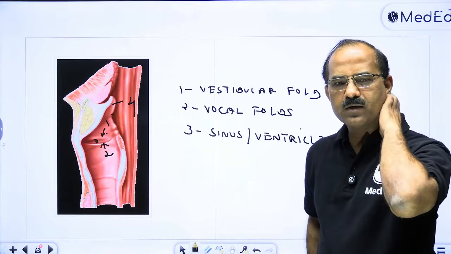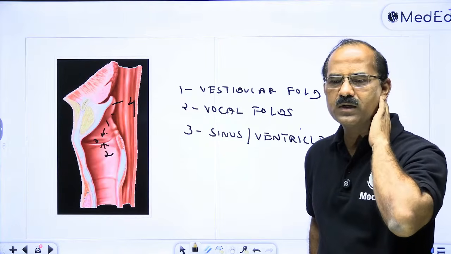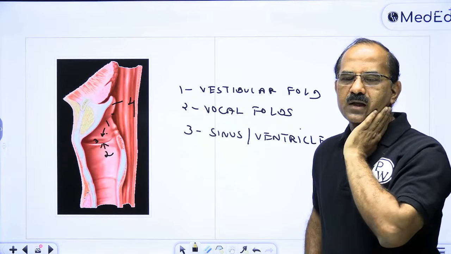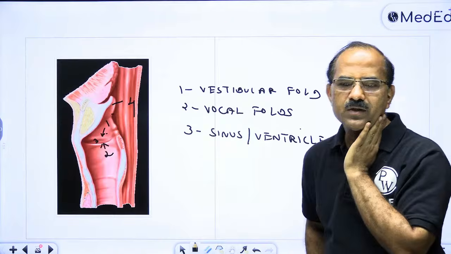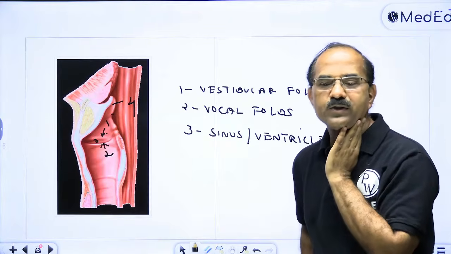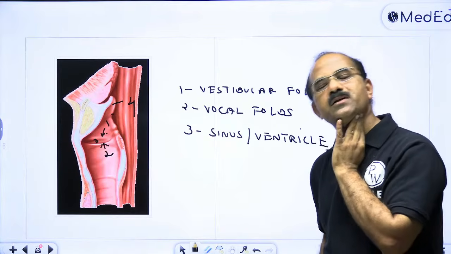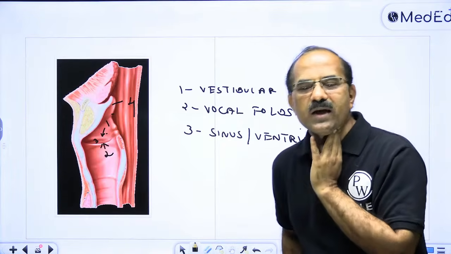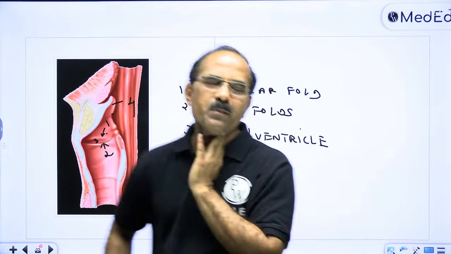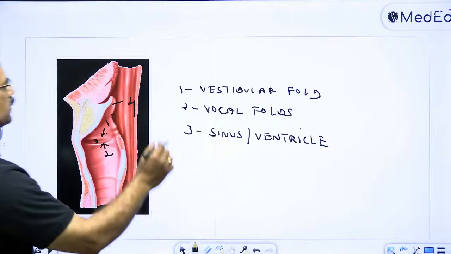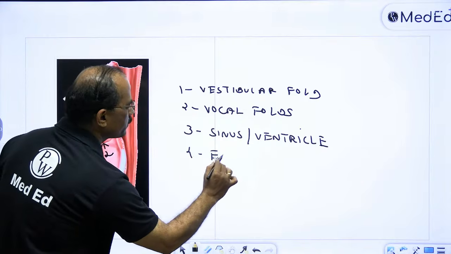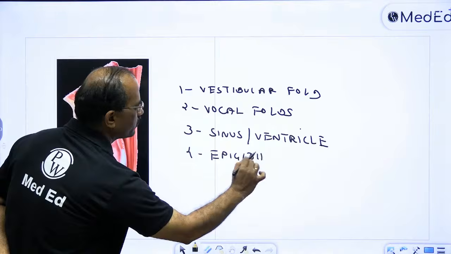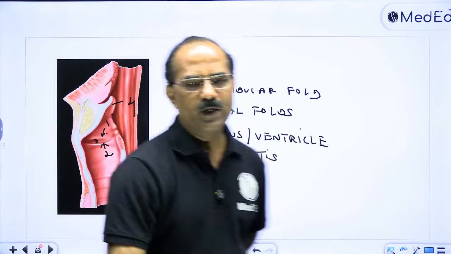One is vestibular fold, 2 is vocal fold, and 3 is sinus of the larynx. Children, this is very important, remember all these visuals. What can number 4 be? Number 4 is the epiglottis.